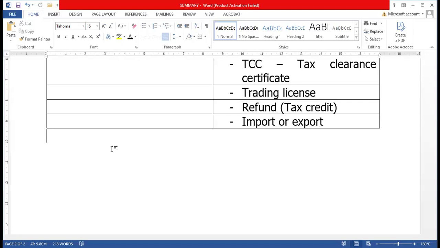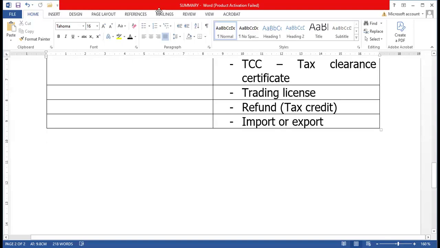You cannot inherit someone's name, because you are different persons. And using another person's TIN is a criminal offense. So take note of that.